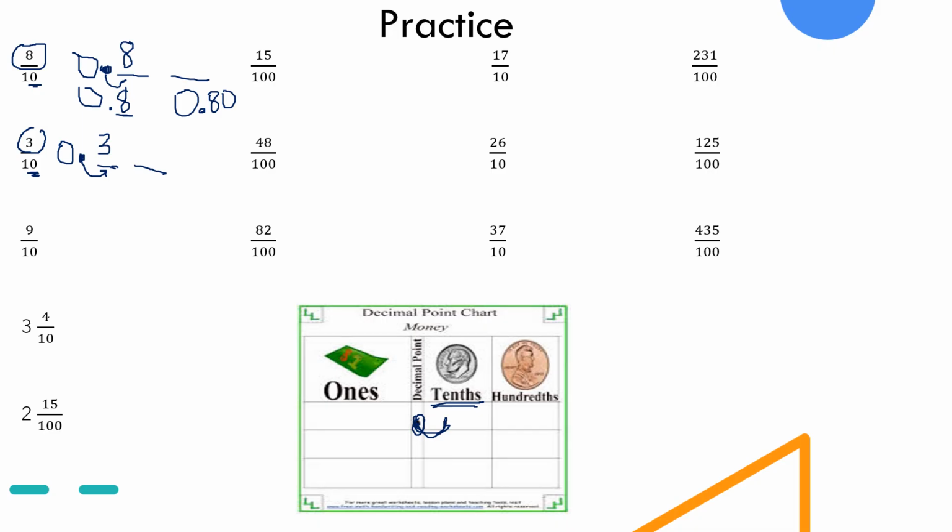Okay? And what's another way that I can write this? Again, with decimal numbers, you can either drop your 0 at the end or you can show it. But both of these are the same. But I would read this as 30 hundredths because I see the number 30 on this one. But they have the same value. Okay?